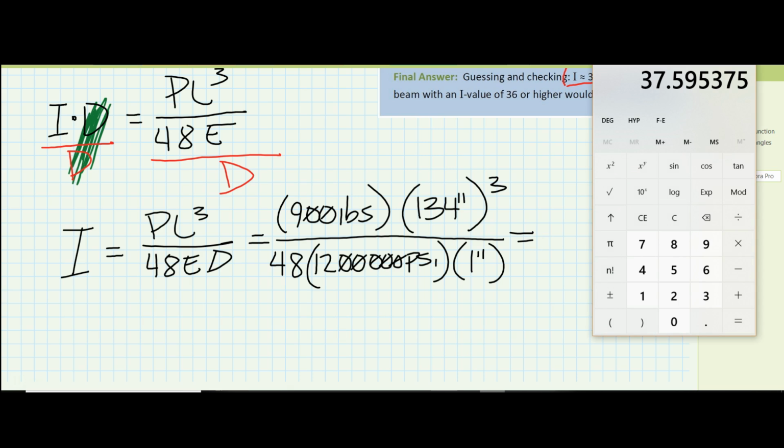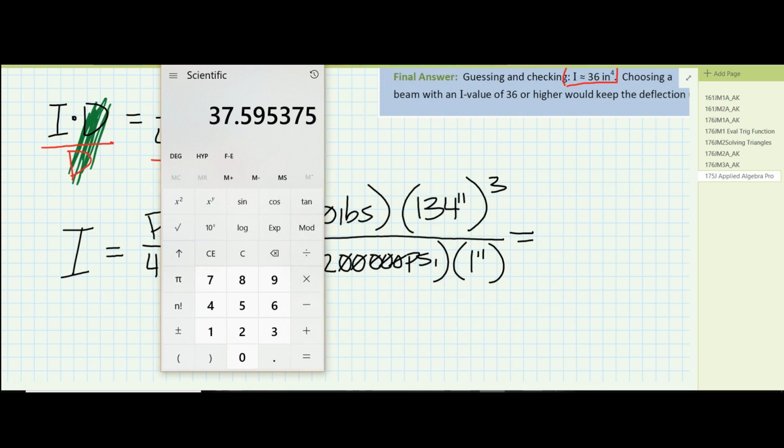So I'll bring up my calculator, and I'll do the 134 to the third first, since that's a little bit more complicated. 134 to the third is 2,406,104, times 900 is a big number, divided by 48, divided by 1,200,000, and divided by 1 is just going to be the same thing, which looks like we have 37.595375.